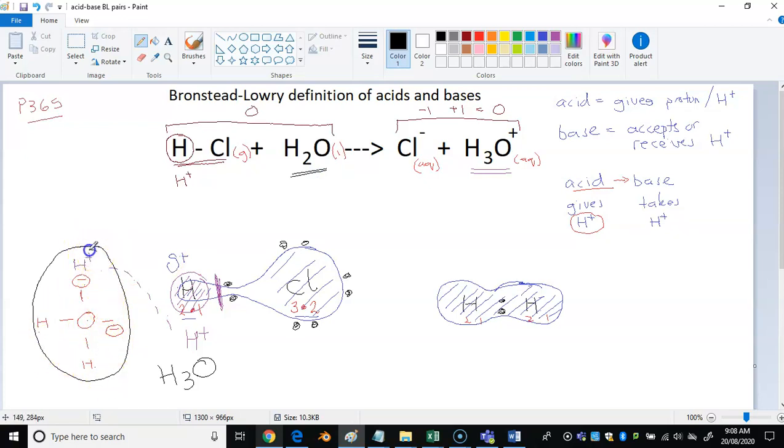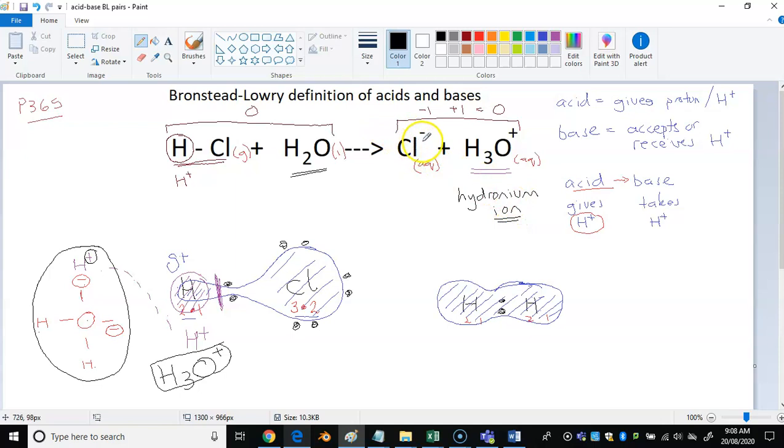But the proton that went onto it does have a positive charge, and so it's increased the overall charge of the molecule by 1. So that's where your H3O+ ion, this thing here, comes from. It's called a hydronium ion. Not sure if you need to know that.